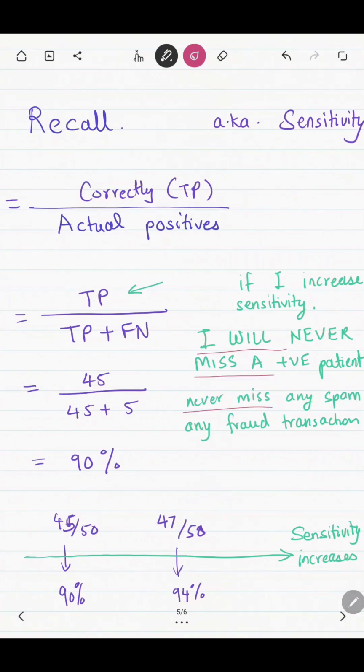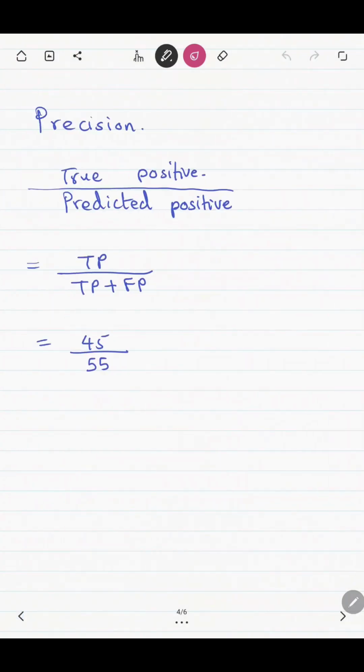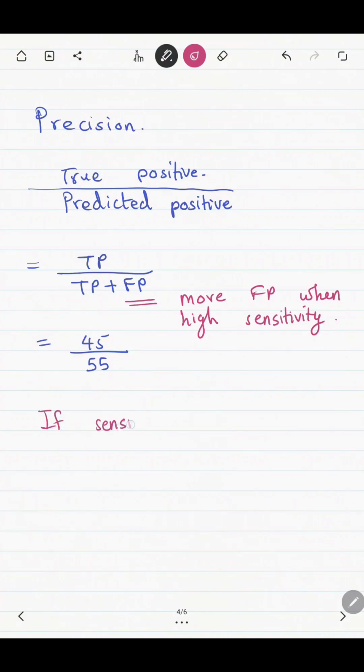Now, as you can clearly see, there is a trade-off between precision and recall. If the sensitivity is high, automatically the precision will be low, because precision is the ratio of true positives upon true positives plus false positives, and sensitivity does not worry about false positives.